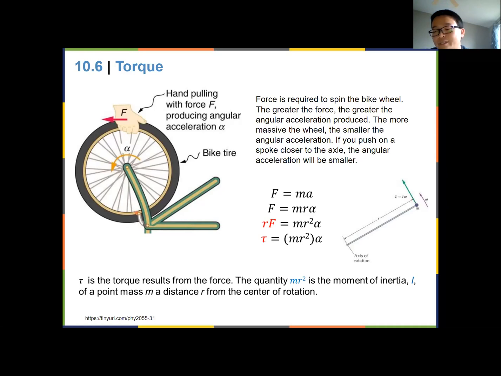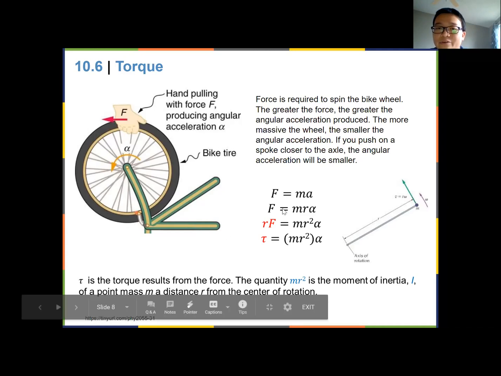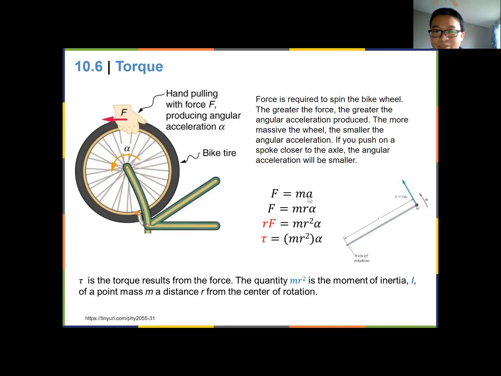We start with linear motion and Newton's second law, F equals m times a, acceleration. Linear acceleration in relation to angular acceleration alpha: a is equal to r times alpha. So force is equal to m r times alpha. Now we intentionally make the right-hand side have a similar form to linear motion for rotational motion.